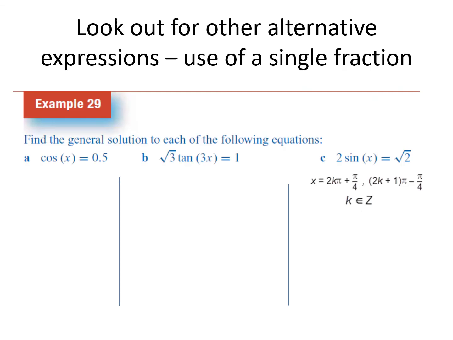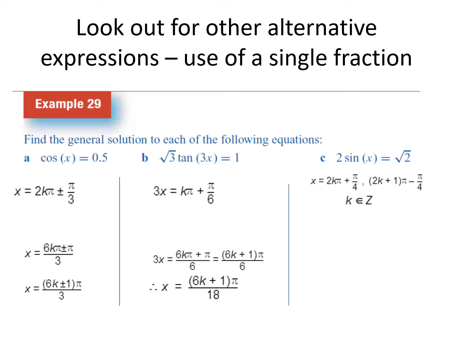Okay, so we've already gone through these solutions. Now it's possible, and it's quite a common feature, to want to create a single fraction. So here we go. So there's one form of the solution, making it one whole fraction, factoring out the pi, that's a common form you'll see in the back of the book. Similarly, for the example we've already seen, 3x is equal to plus pi on 6.